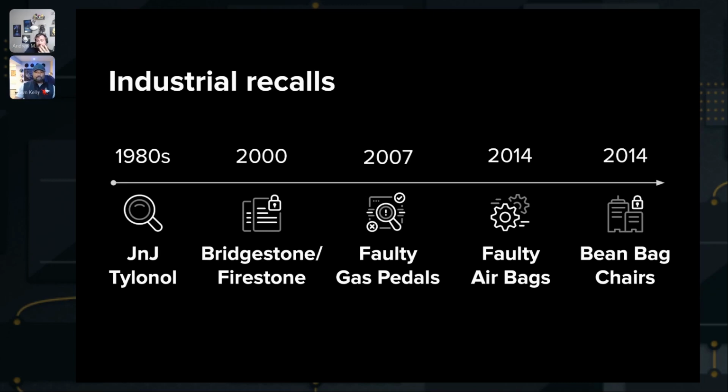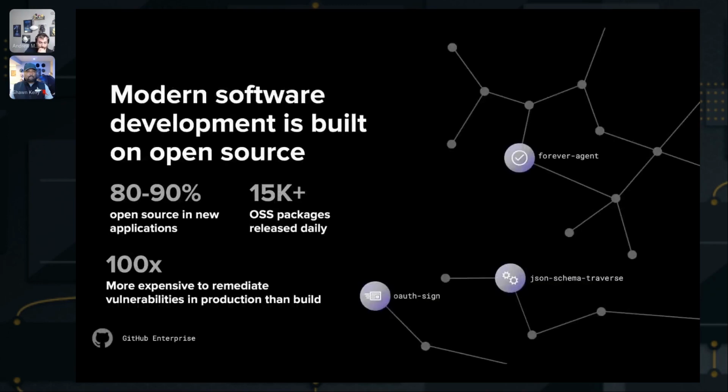So that's innovation in that sector around product safety. And so these are areas where, if you think about faulty airbags or different pieces of vehicles or mechanical equipment, being able to trace the serial number of where you sourced that part from and which vehicles it was put into, the identification number, is very akin to saying I'm using version 123 of Jackson Databind or other open source projects that you're building your code on.